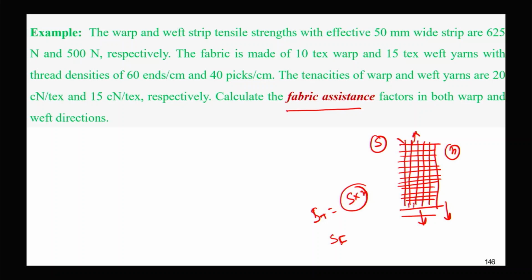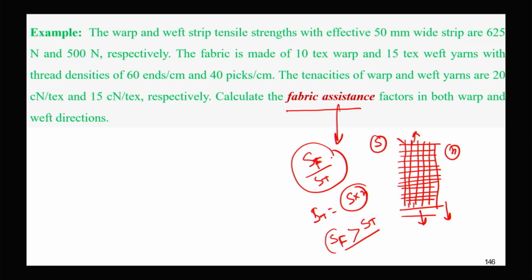This S fabric will be more than the total strength of the warp threads. So the ratio of S fabric to total strength is called the fabric assistance.